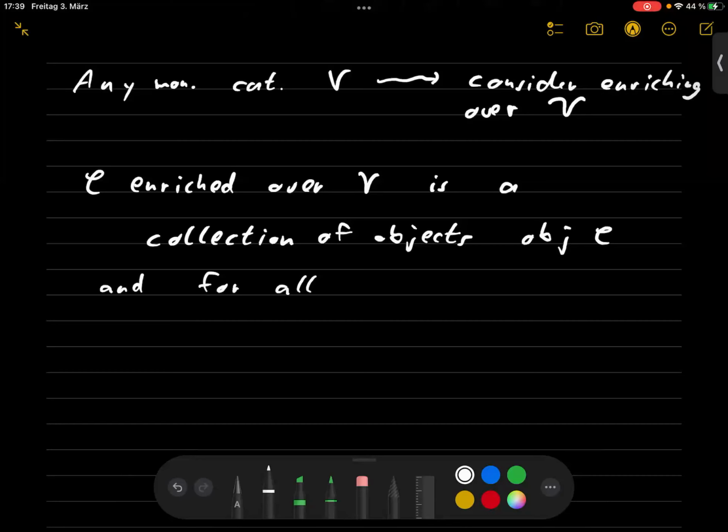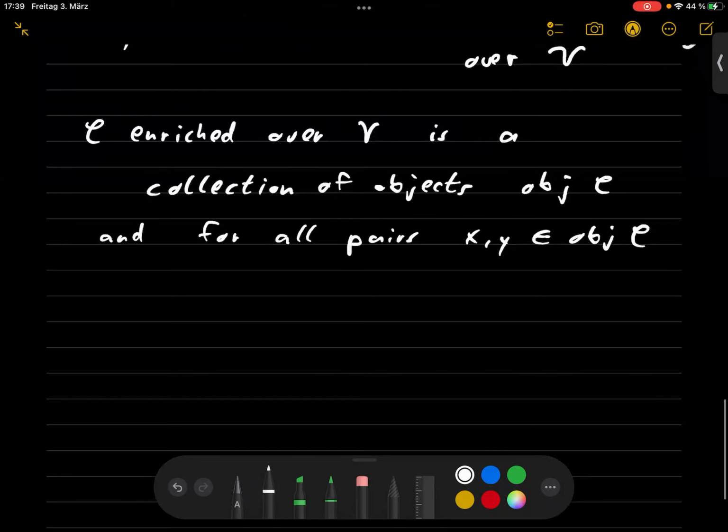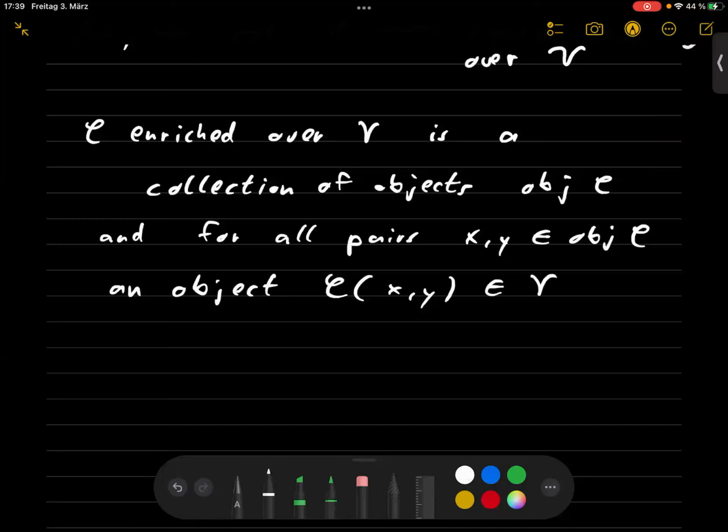And for all pairs X, Y in these objects, we have an object of V, C(X, Y), but this is crucial, it lives in V.